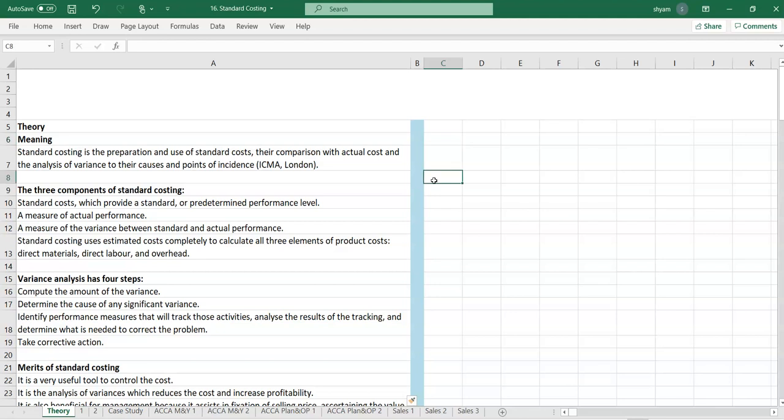Assume that you are going to produce a product. Will you keep on producing the product, get the cost, and then price it and sell it to the customer?